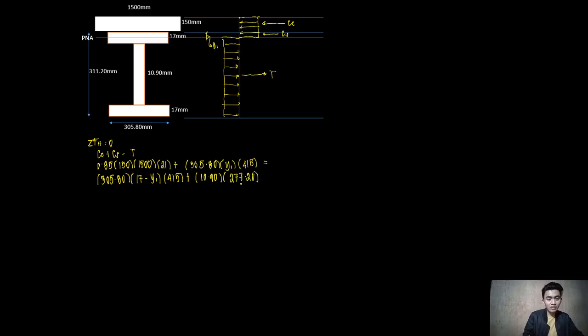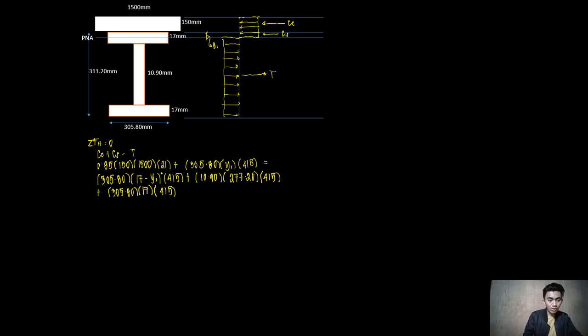Now, where did I get 277.20? That is 311.20 minus 17 times 2. Multiply this by 415. And then the last one, the bottom flange of our steel section, is 305.80 times 17, multiplied by 415. Input this on your calculator.